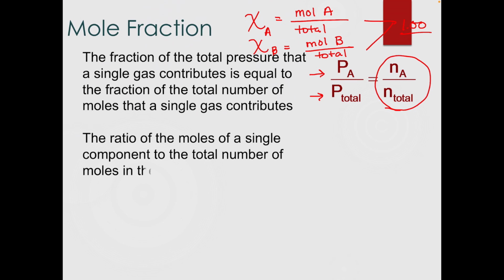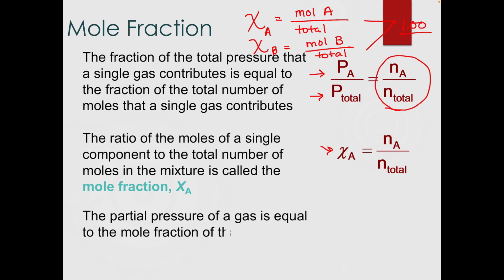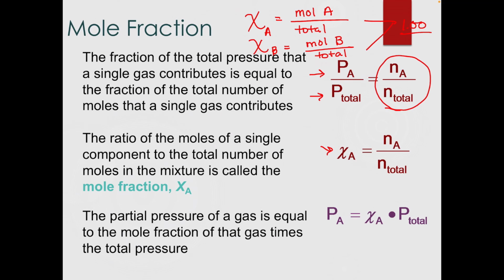So the ratio of our partial pressure to our total pressure is the same as our mole ratio there. So this would be the mole ratio of gas A, or the mole fraction. And again, we can use that to calculate. So if we plug in this mole fraction here, and then we rearrange, right?